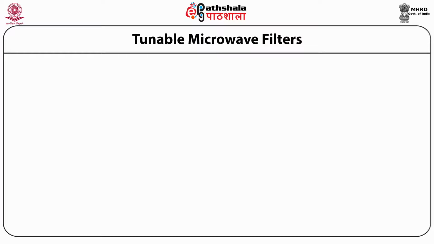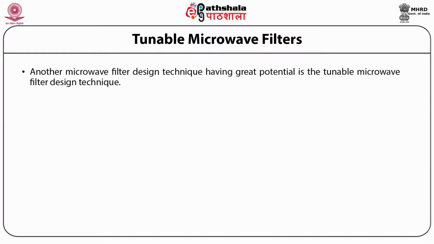Tunable microwave filters. Another microwave filter design technique having great potential is the tunable microwave filter design technique. For example, the frequency agile system for naval target control uses 19 channels from 421.5 MHz to 448.5 MHz.